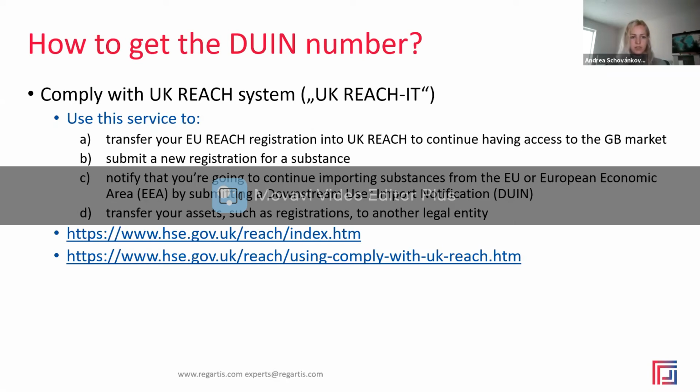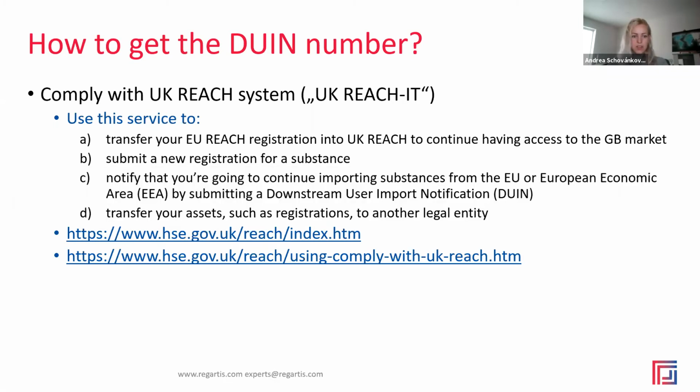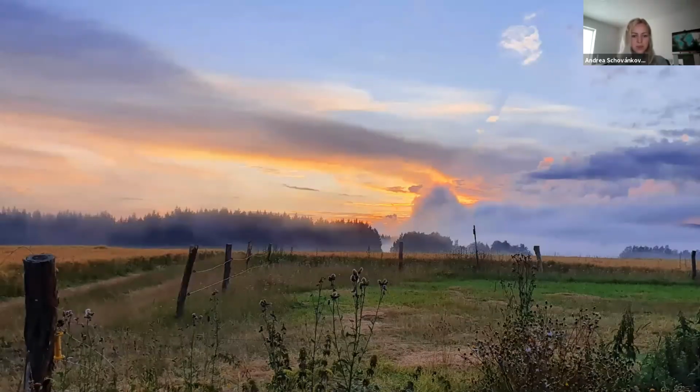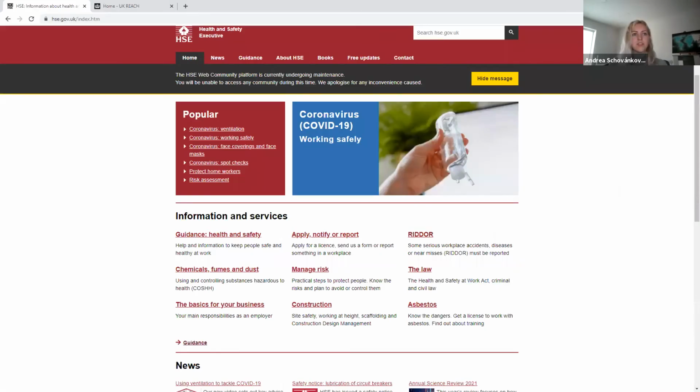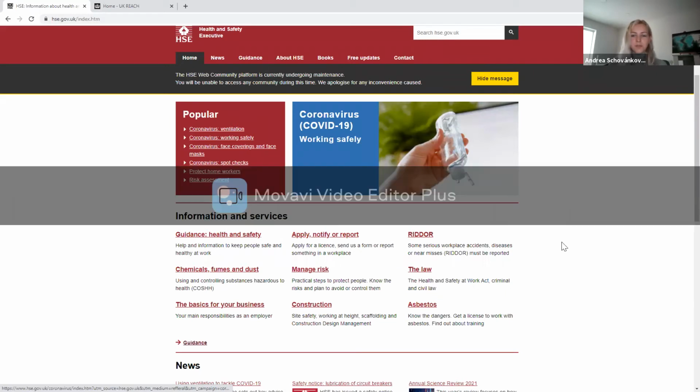I will now show you how to get to the system because I know that someone maybe didn't see it before, because it's not that intuitive as I would expect.